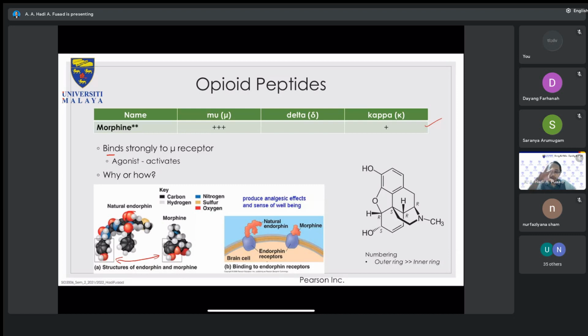Okay, so on the right hand side is the structure of morphine. So this is how morphine looks like, chemically, structurally. And how you number the morphine is by going on the outer ring first, and then you go into the inner ring. They started off with the phenyl ring over here, because if you look at that structure on the left hand side, that is actually the structure of a phenol, right?